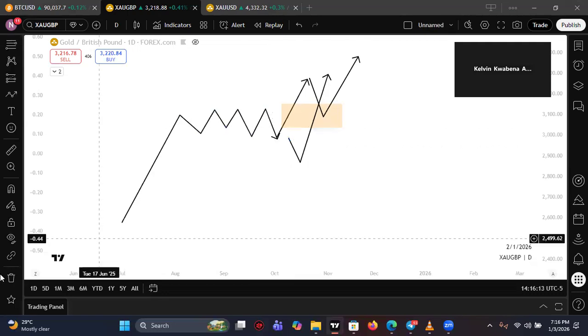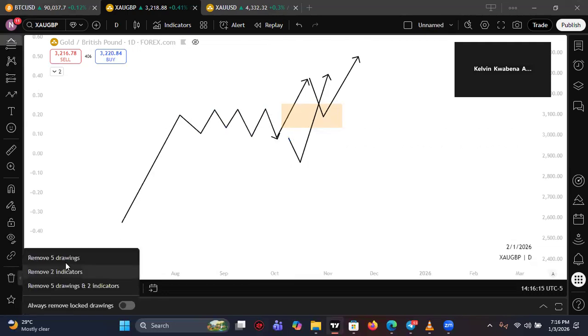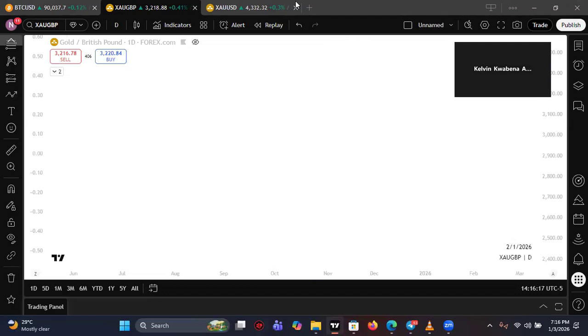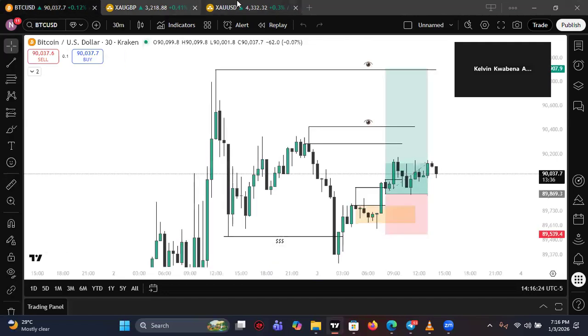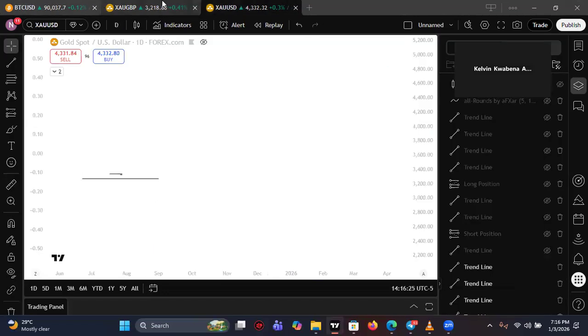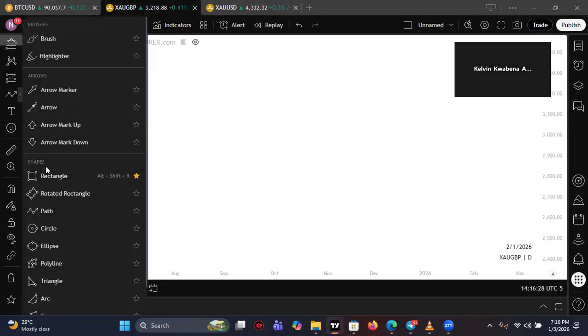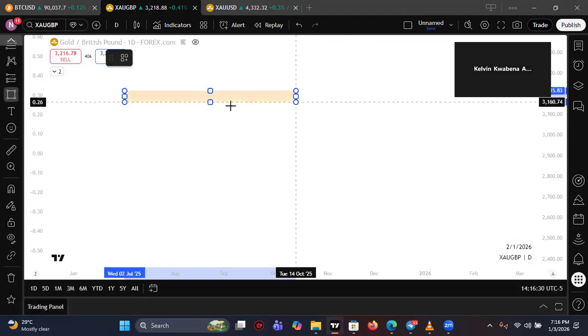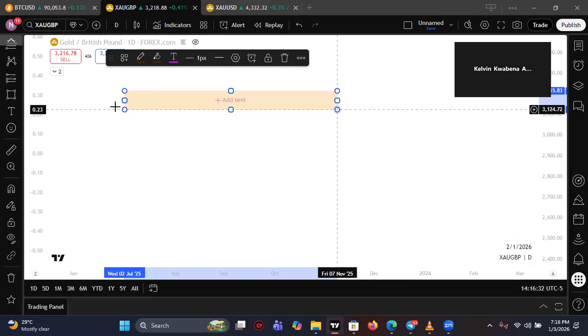So the reason why I'm even doing this is when you find your bias, which we are going to go over today, we are going to learn how to find bias, right? When you find your bias, and let's say that price tags your fair value gap. So let's say in this situation, you've identified that price is bearish, right?